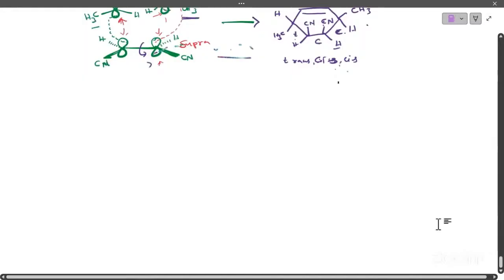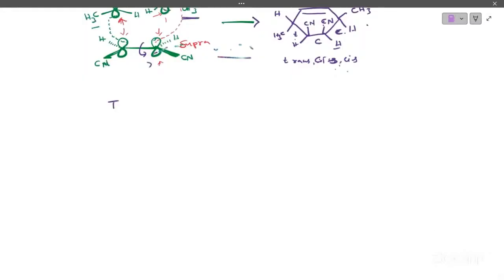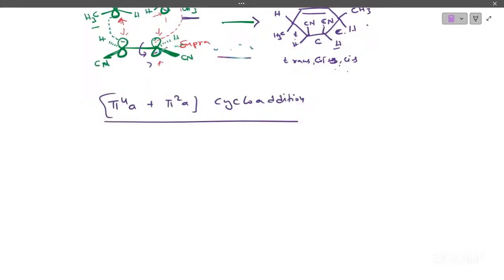Next, last one, [5+4a] plus [5+2a] cycloaddition. Now we can take the example.